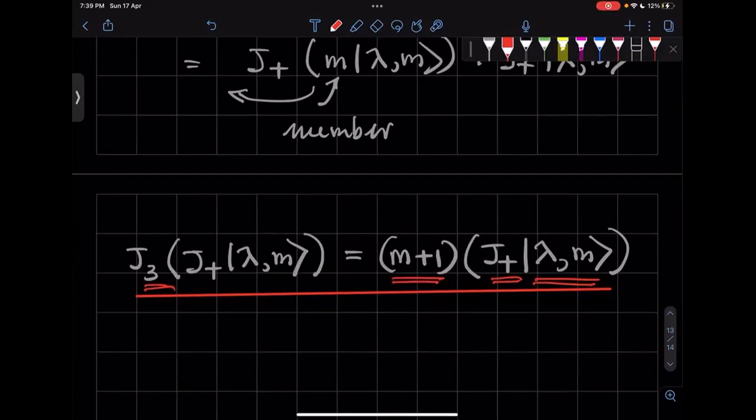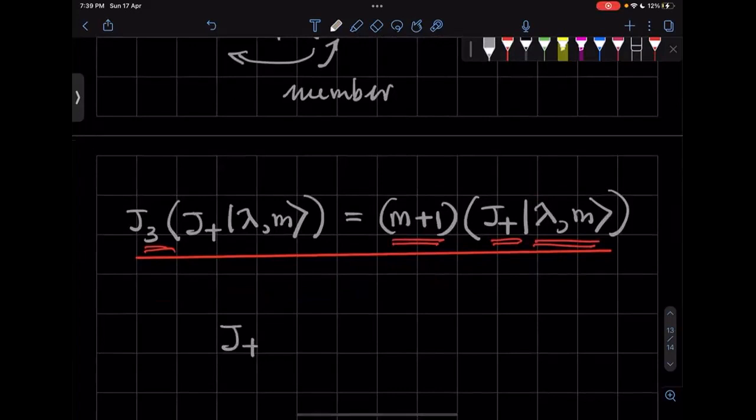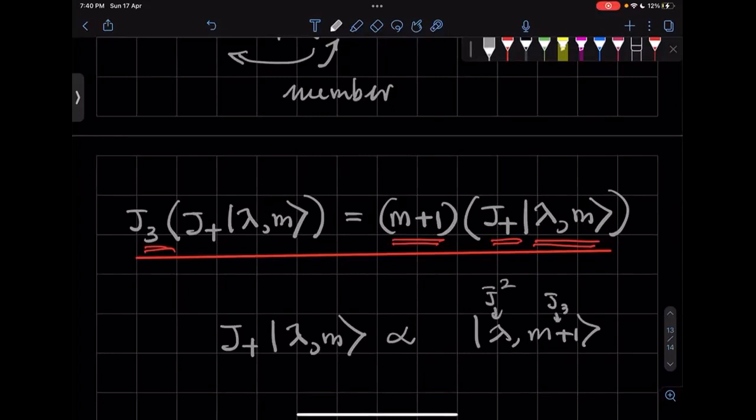Therefore, I can write J plus acting on |λ, m⟩ as proportional to what? It should be proportional to |λ, m plus 1⟩, because J plus acting on it increases the J3 eigenvalue. This slot is always the J3 eigenvalue, and this is always the J squared eigenvalue.